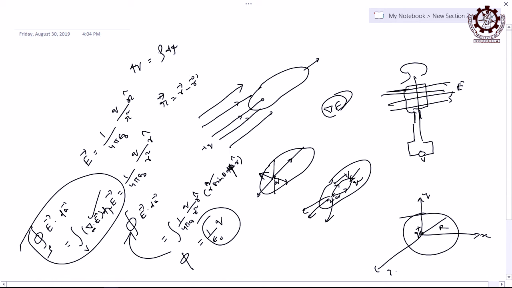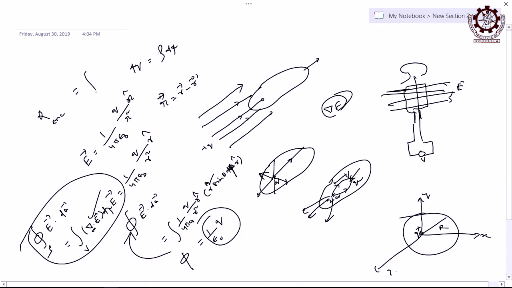Then find q, the total charge. What is q enclosed, the charge enclosed within the surface? Obviously, it is the volume integration of rho d tau.